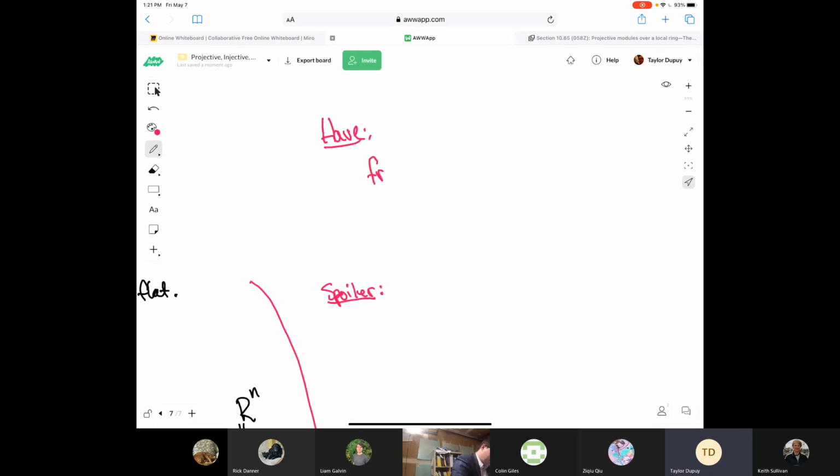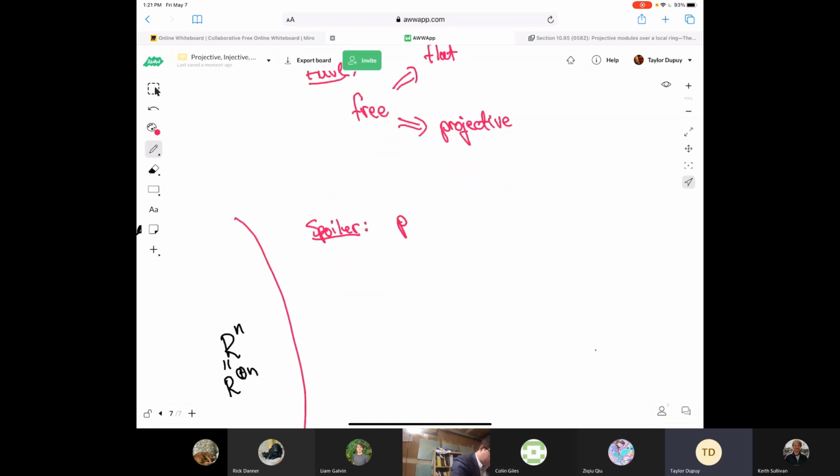So we have that free implies flat. We just proved this. And we have that free implies projective. Okay. The spoiler is that projective implies flat. Okay.